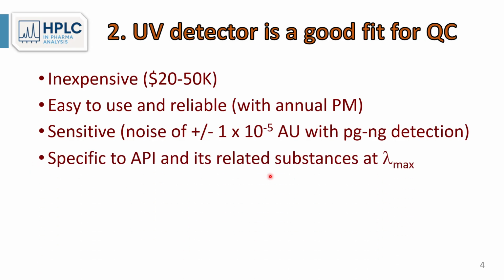And when monitoring at the lambda max of the API, the main component in the drug substance or drug product, it is highly specific to the active pharmaceutical ingredient and also its related substances such as process impurities or degradation products.